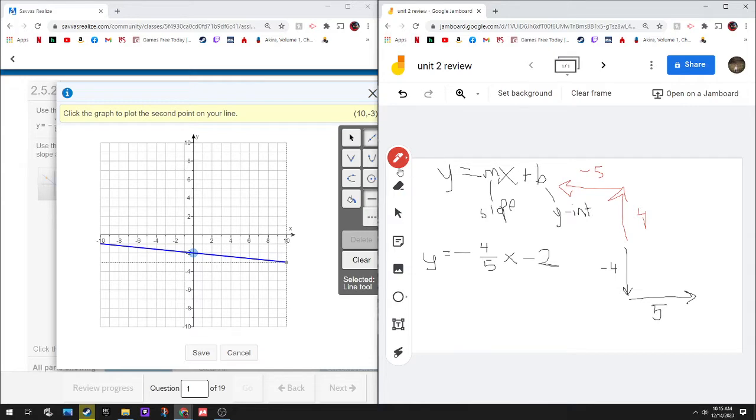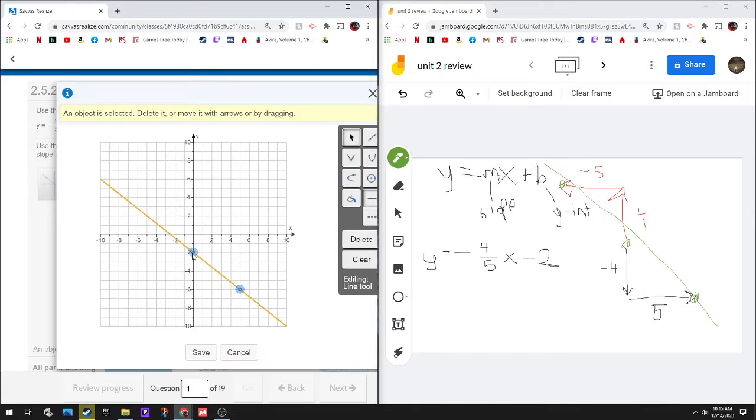As long as one of them is negative, the line that connects these dots is going to wind up being our line. So I go 1, 2, 3, I start at 0, right? 1, 2, 3, 4, 1, 2, 3, 4, 5.